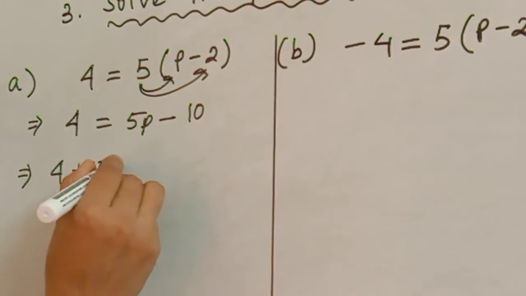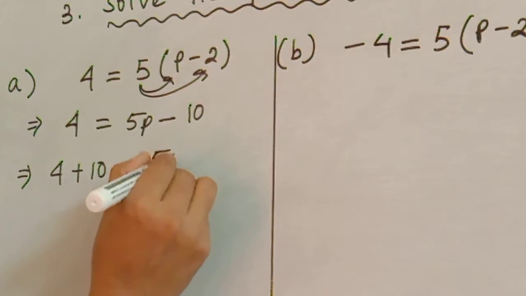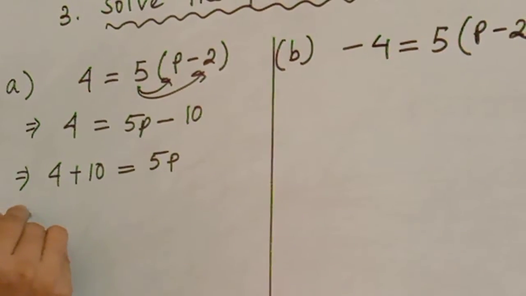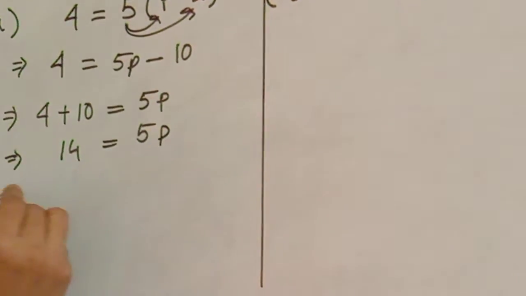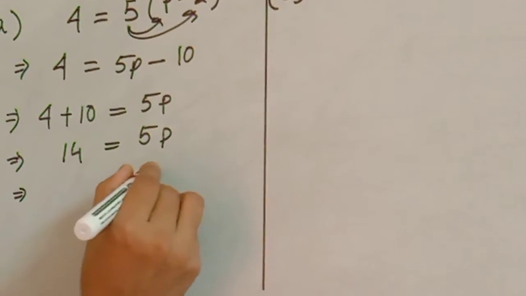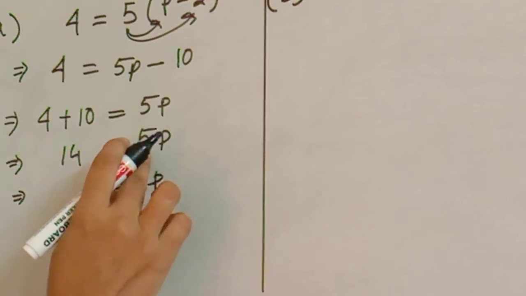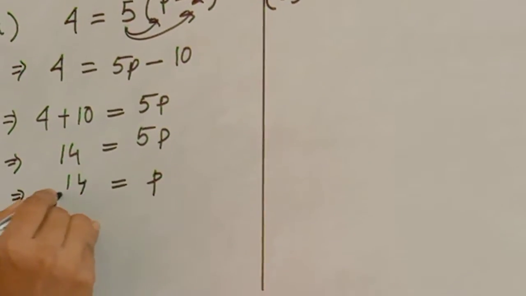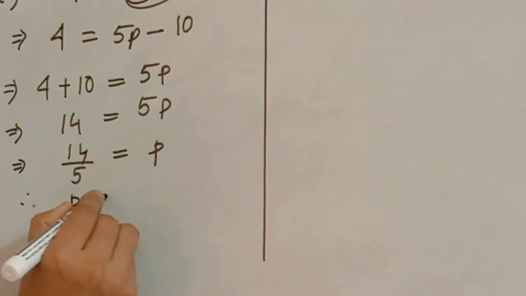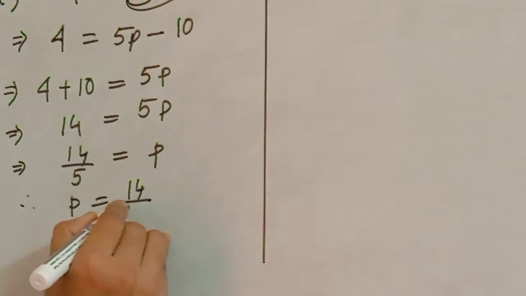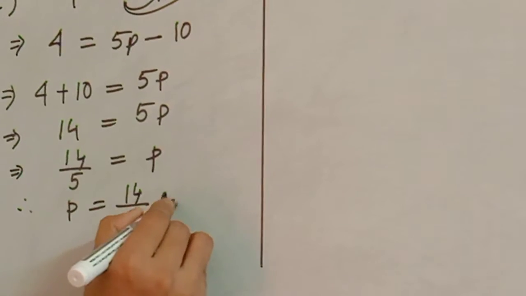Here it is plus 10 is equal to 5p. Then 14 is equal to 5p. You need to find the value of p and 5 was multiplied here. So what you can do, 14 by 5, or you can write in this way, therefore p is equal to 14 by 5, and this is the answer of this sum.